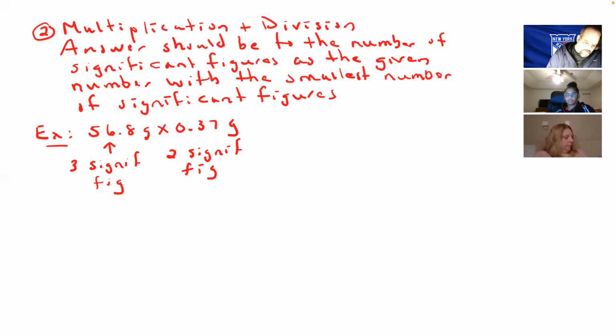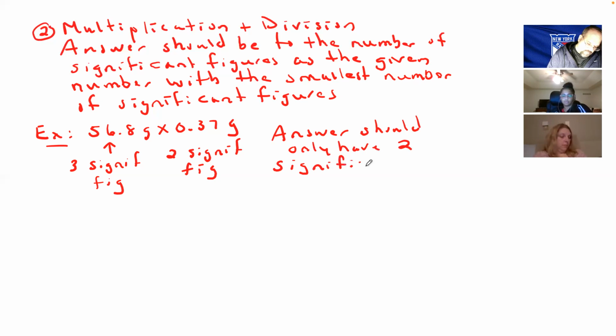So my answer, and we'll figure it out in a moment, should only have 2 significant figures. So for multiplication and division, it's not based on what decimal place the given numbers go to. It's based on the number of significant figures each of those numbers have.